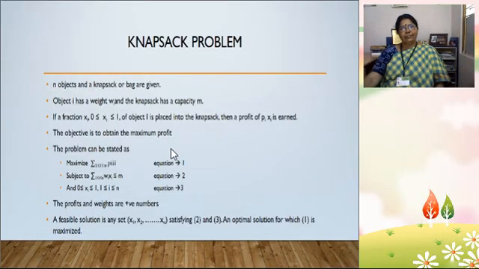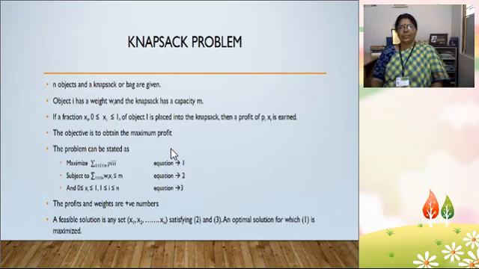So the objective of the knapsack problem is that the profit should be maximized. You have to maximize the profit. But there are some constraints. The total weight of the objects added to the knapsack should not exceed its capacity.